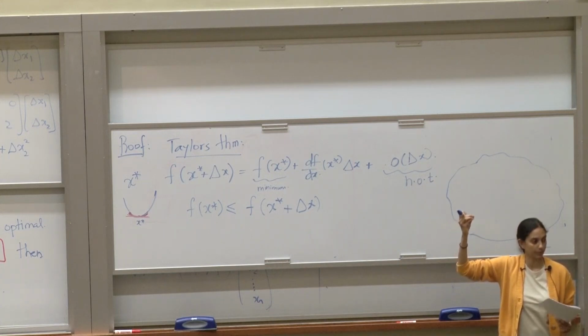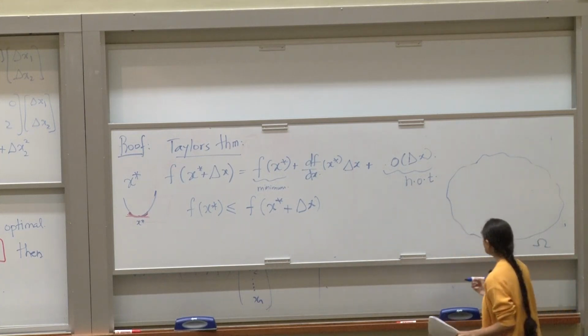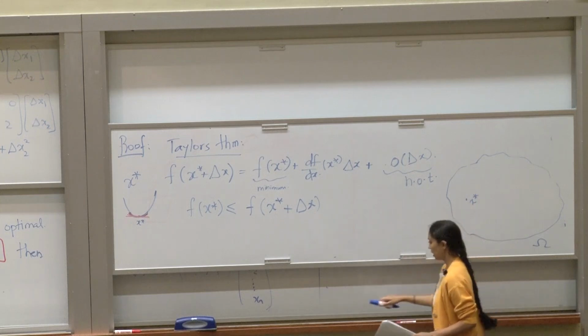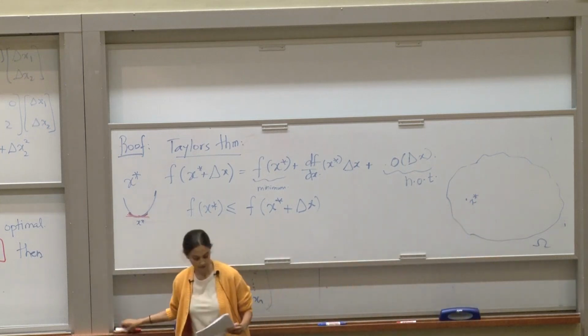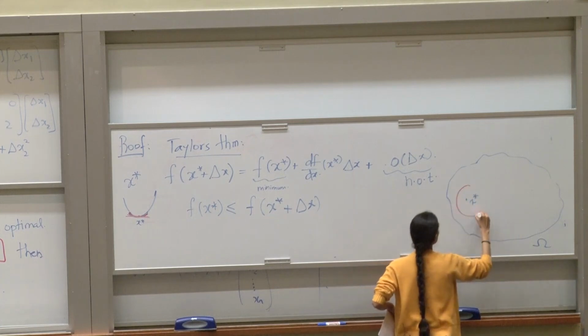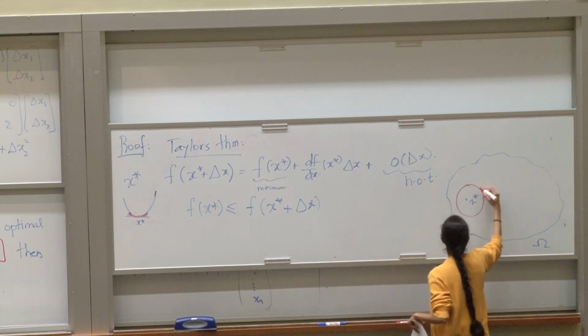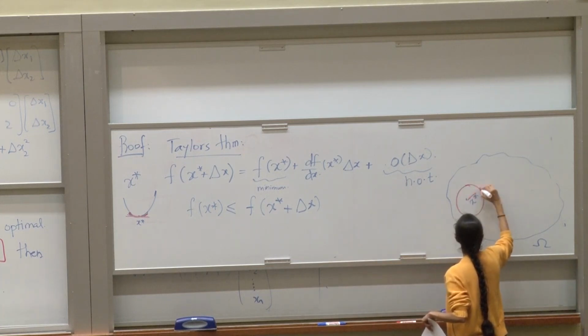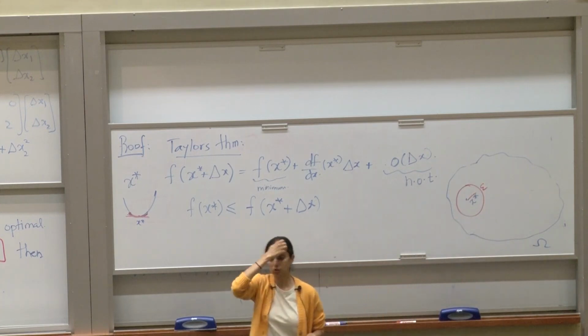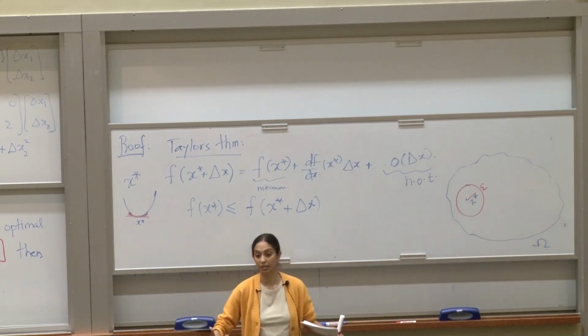That's the meaning of an open set. What that means is that, let's say x star is somewhere here, I can always find a ball of radius epsilon around x star that is also always inside the set.